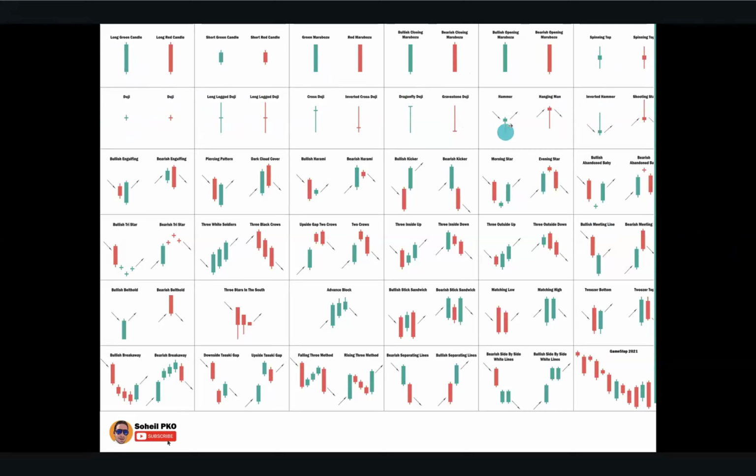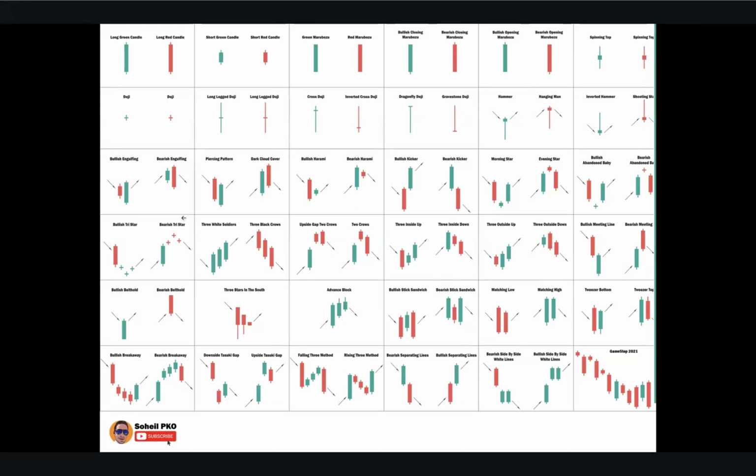And then also the hammer candles. If you see this one, it was going down, and then it decided to go up. And the same thing, if it was the opposite and it was a red candle, that means it was going up, and now it's about to go down. So on and so forth.